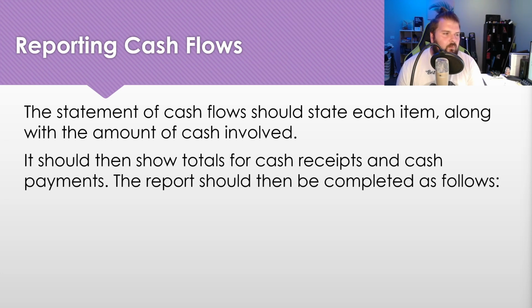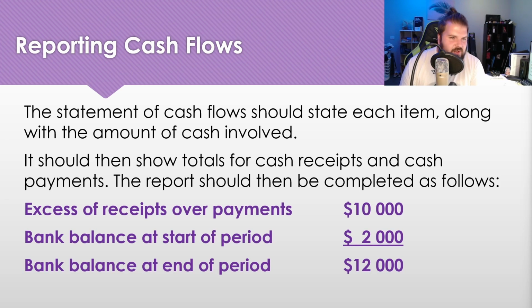So we're hoping that our cash receipts will always exceed our cash payments, but it shows the totals, including the itemized amounts, and shows something similar like this. So excess of receipts over payments, the bank balance that we had at the start, and therefore our bank balance at the end.